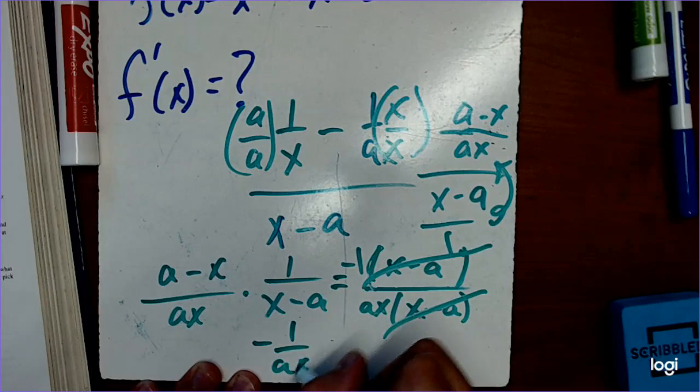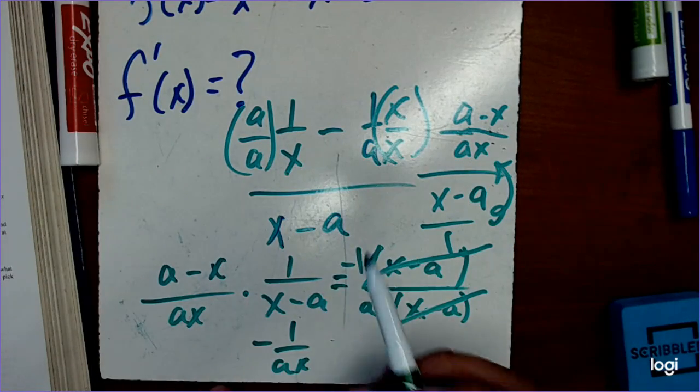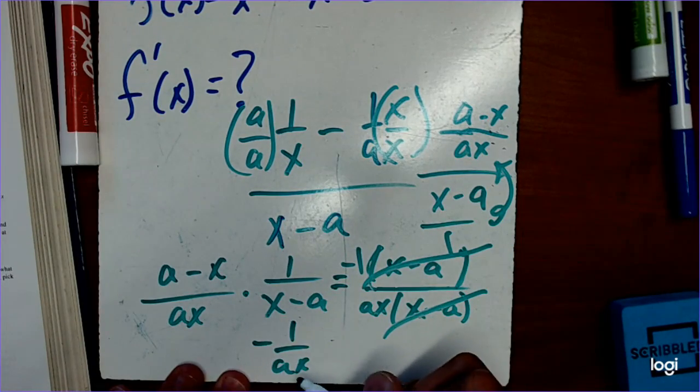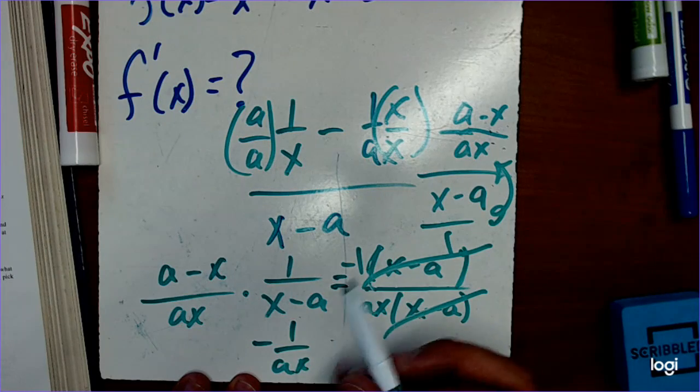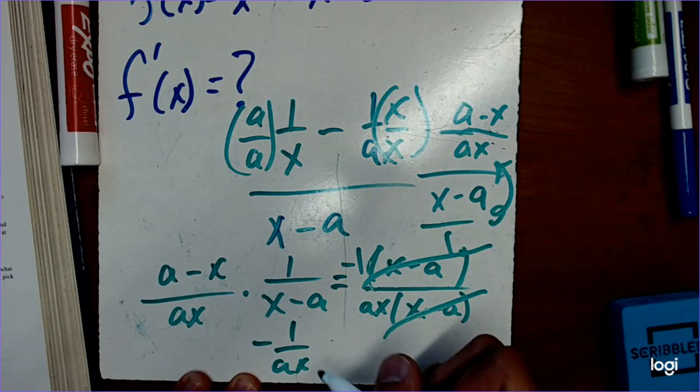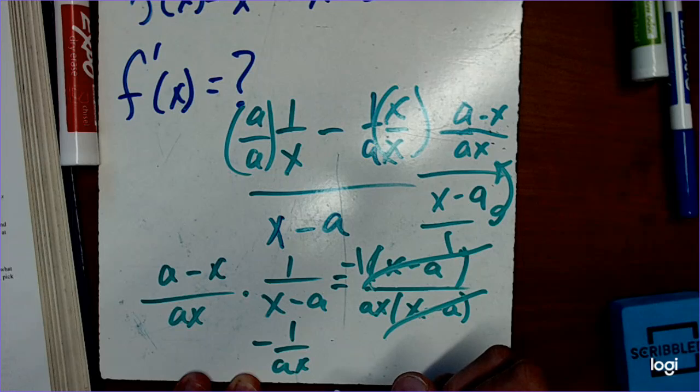Negative 1 over ax, but I've also got to figure it out at the point x equals 3. So if I plug in the number 3, let's see here, it's 1 over 3a. Hold on, let me reread this. Yeah, negative 1 over 3a.